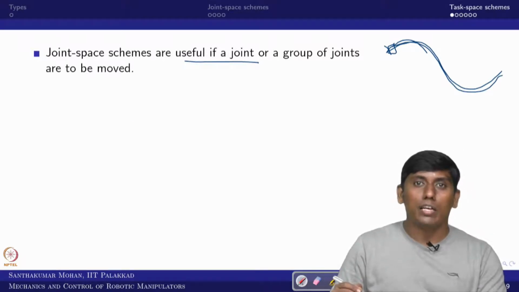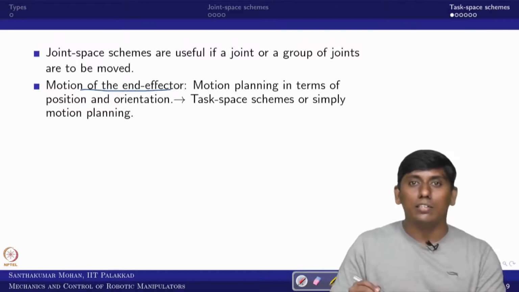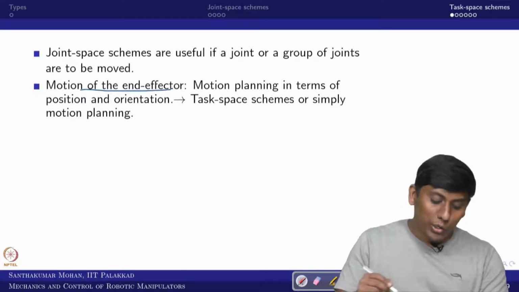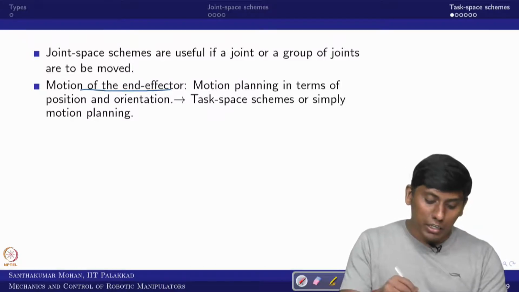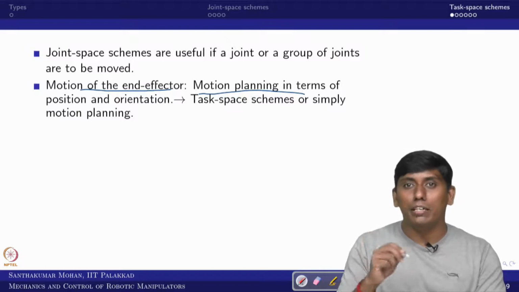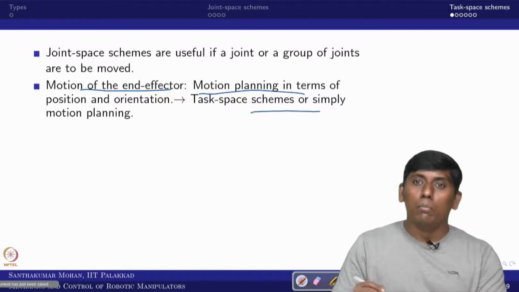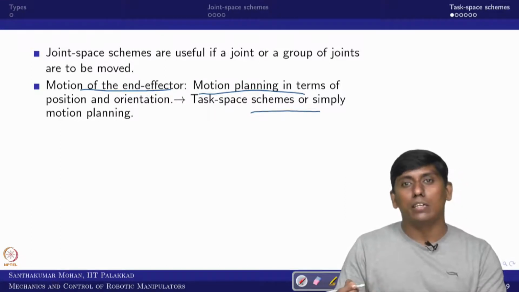For that, we come back to end effector trajectory generation, which is nothing but the motion of the end effector, the motion planning in terms of position and orientation of the end effector. So we are trying to use a task space scheme. For most people, motion planning means task space trajectory generation.